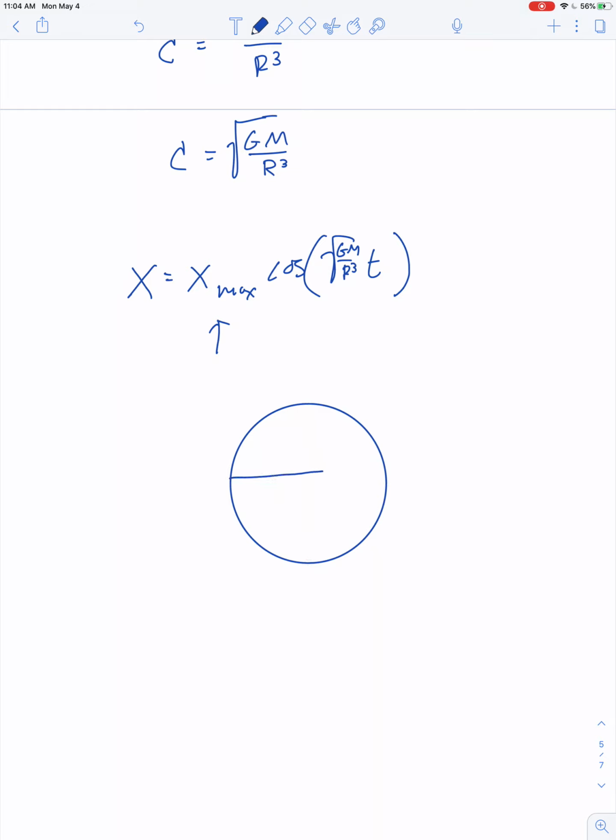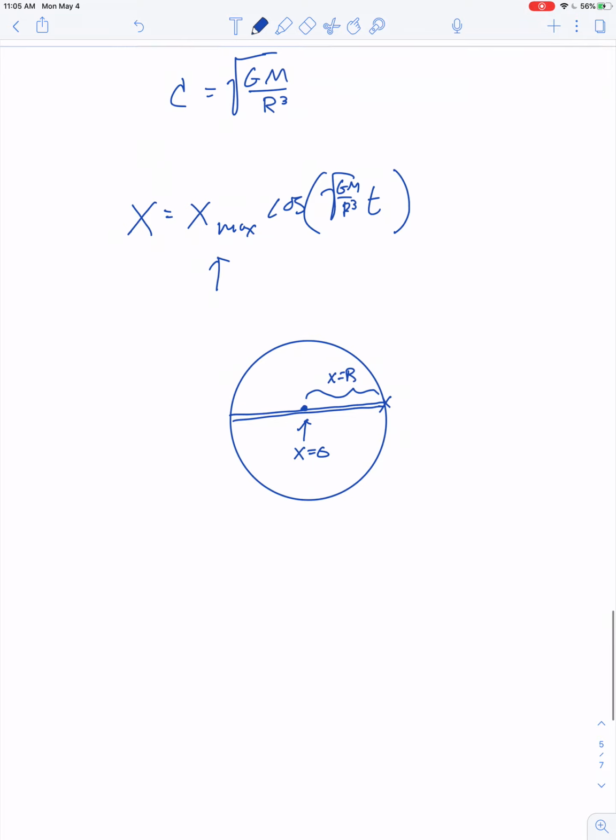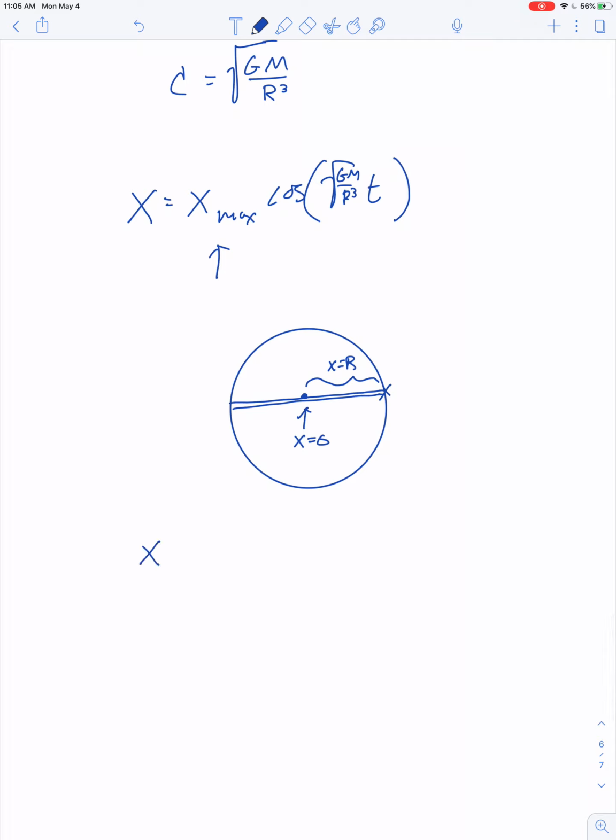I certainly know what the minimum value of x is. The minimum value of x is the position that the object has right when it's at the center of the Earth. So what's the maximum value? Well, the maximum value is here at the extreme end, but that's when x is just equal to the radius of the Earth itself. So this would be a perfect guess.